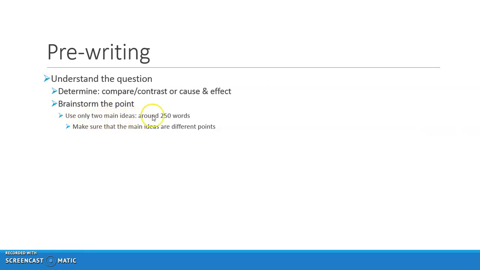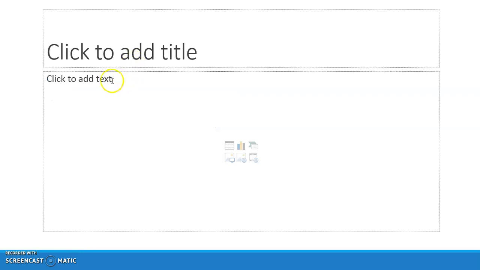Because the essay is around 250 words. You also have to make sure that the main ideas are different points, because if you still remember, your essay only has 4 paragraphs. Let me add in another slide. So you have the point form.